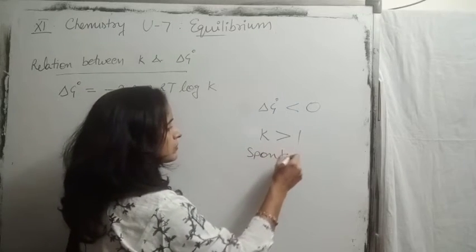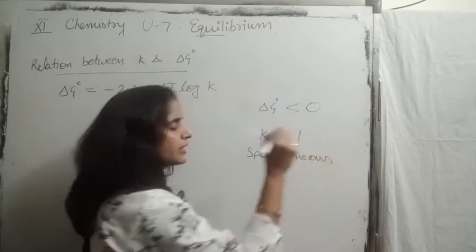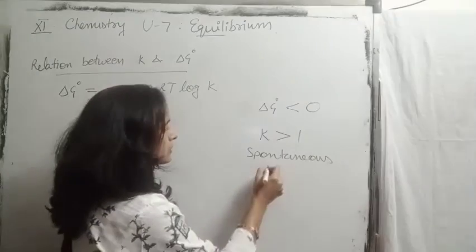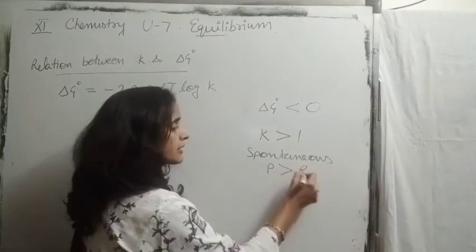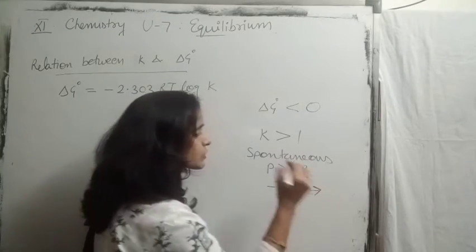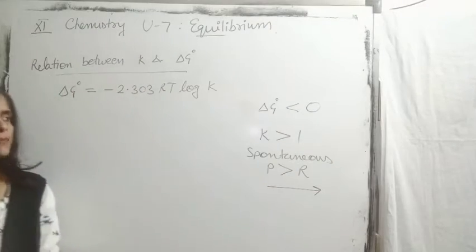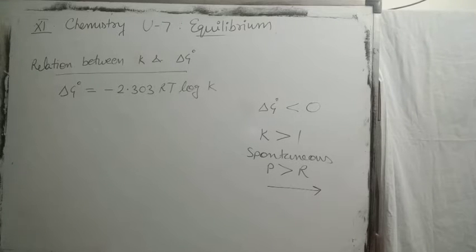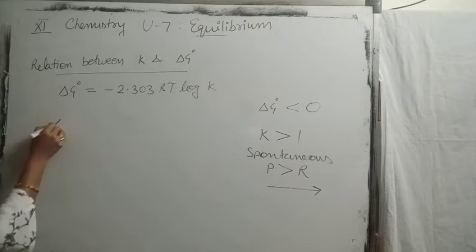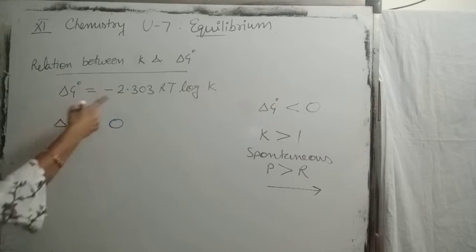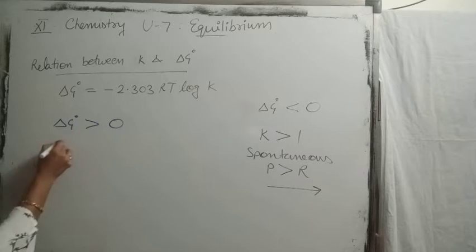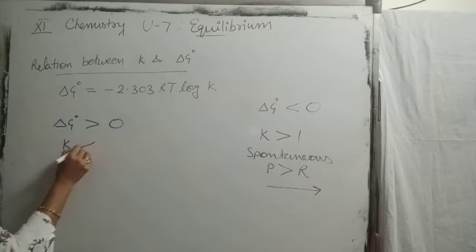The concentration of product would be much higher as compared to reactants, or we can say the reaction proceeds in the forward direction. But if the situation is opposite, meaning delta G naught is greater than 0, on the basis of this equation we can tell K comes less than 1.